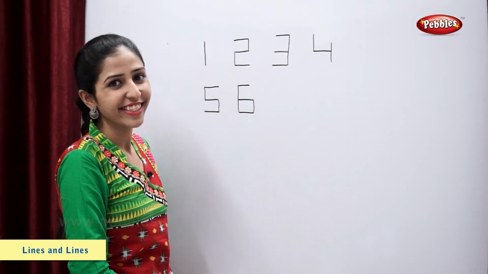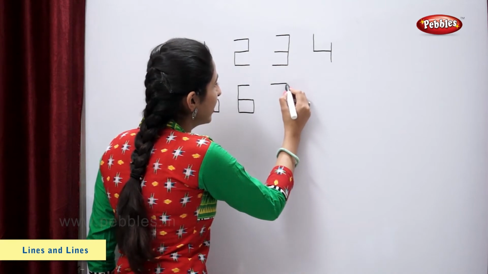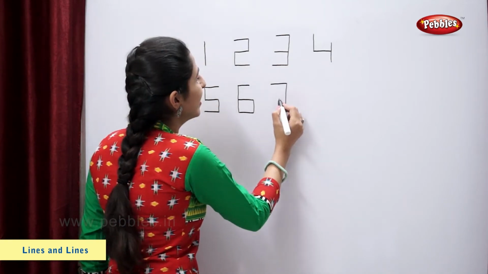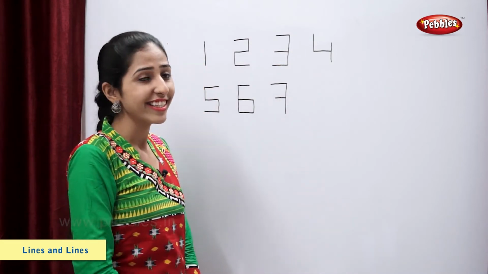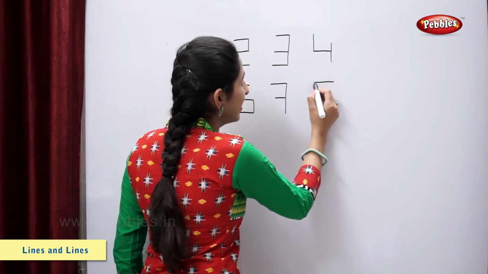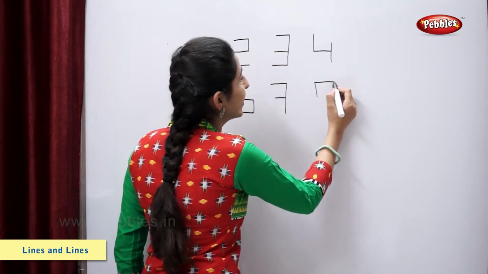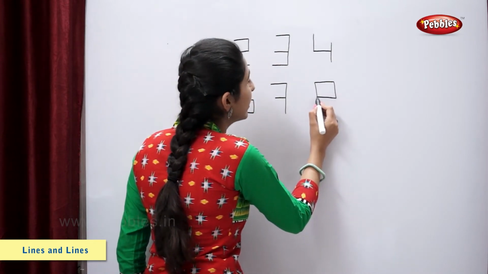Number 6. Sleeping line. Standing line. Sleeping line. Number 7. Sleeping line. Standing line. Standing line. Sleeping line.